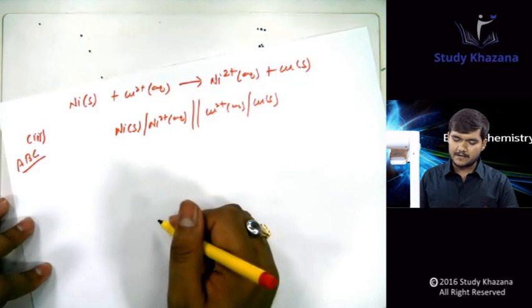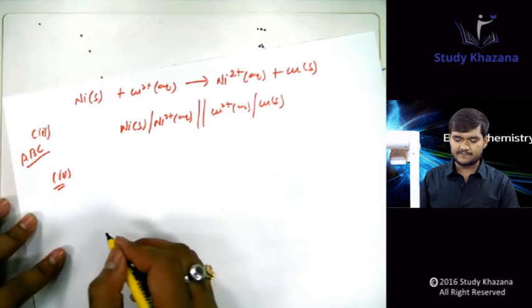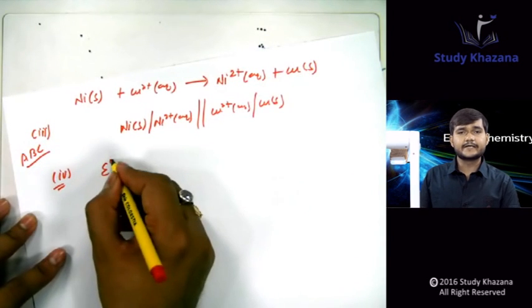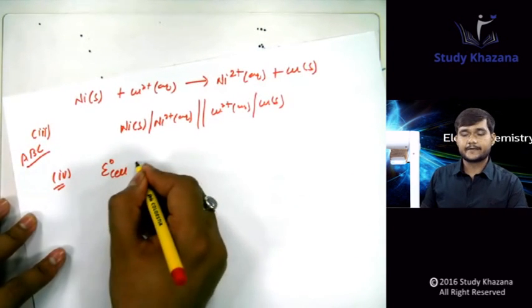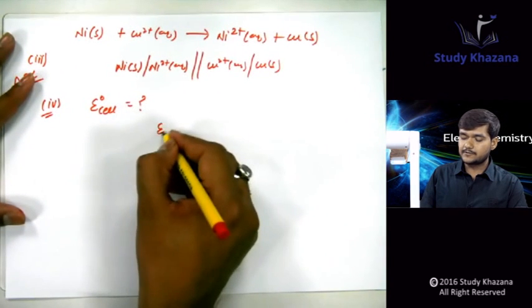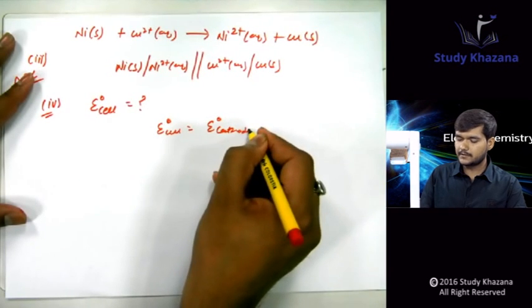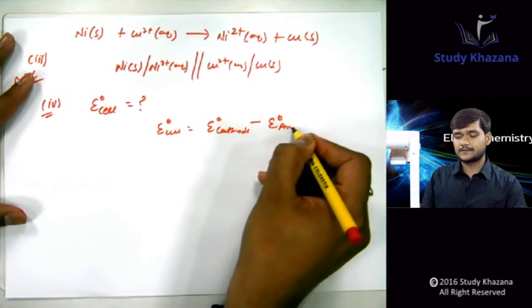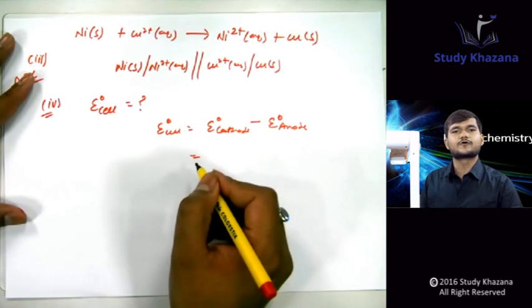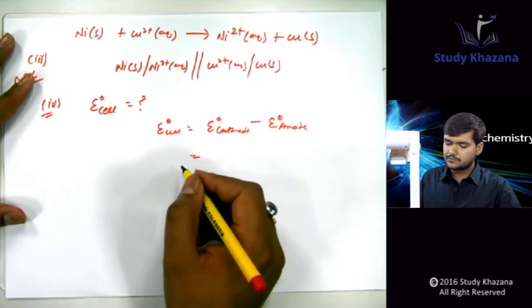Now what is the fourth part of this question? Fourth part is to calculate the EMF of the cell. We have to calculate the E0 cell value. Now what is the E0 cell formula? Yes, it is E0 cathode minus E0 anode. Now what is cathode here? You already know copper is cathode here, and the E0 value for cathode is given to you as 0.34.